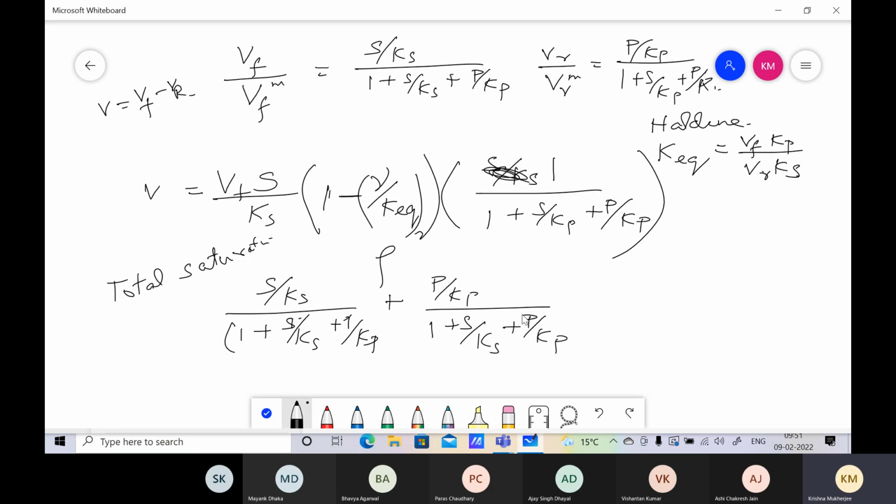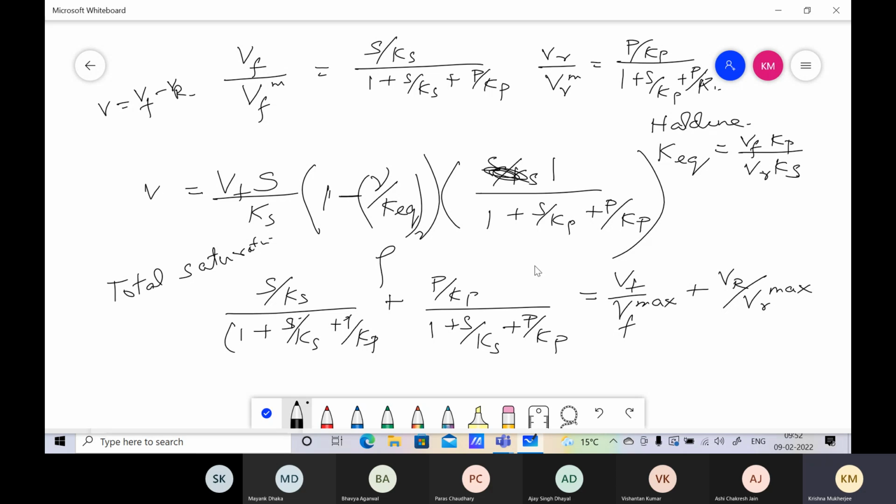This is the total saturation, right? So this total saturation is nothing but Vf upon Vf max, plus Vr upon Vr max. This kind of algebra you should do.